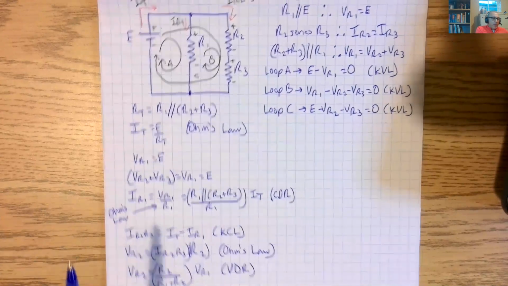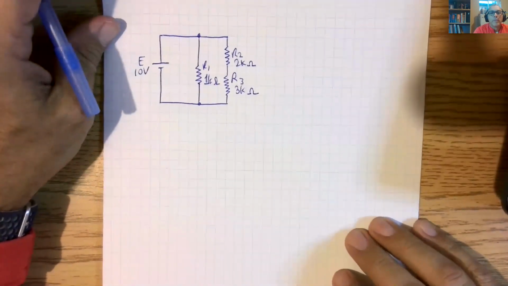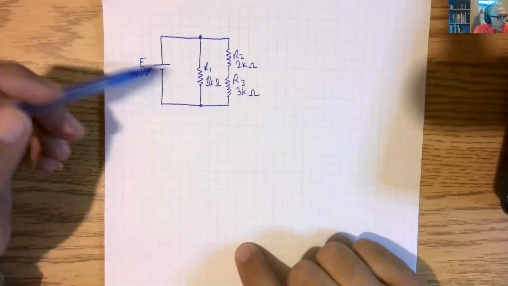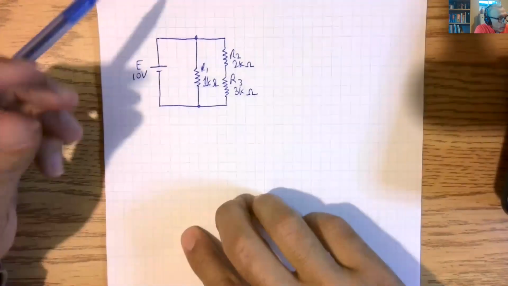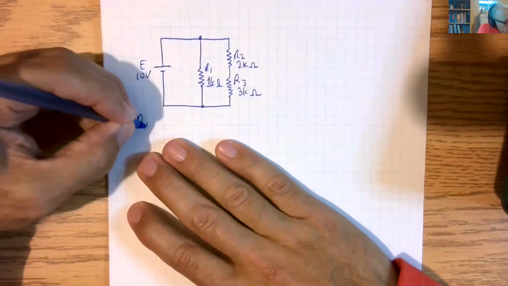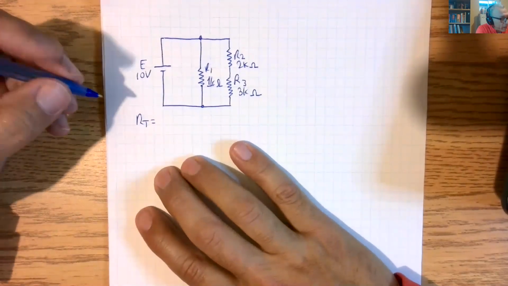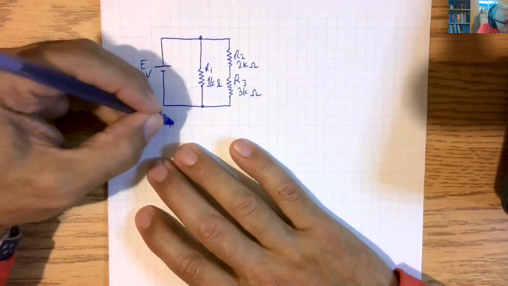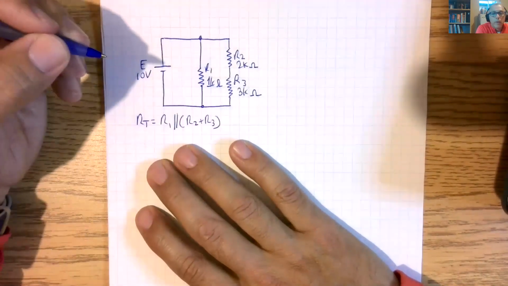Okay, but now we're going to do an example. So we have these values here, 10 volts, 1K, 2K, 3K. All right, so RT is equal to R1 in parallel with R2 plus R3.